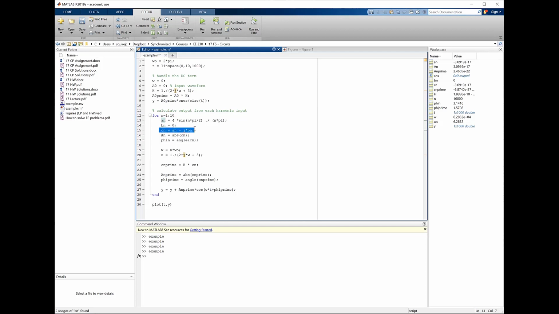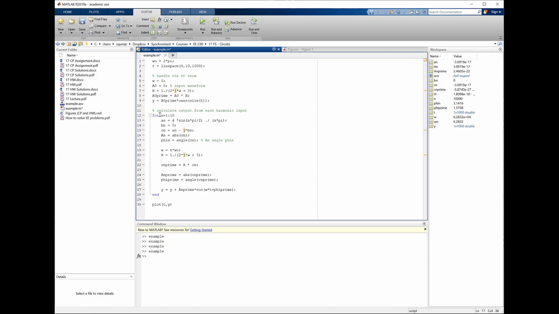We'll construct the complex value c sub n and break that apart into a magnitude and an angle. So now at this point, we know that the corresponding nth term we could represent as having a magnitude of a sub n and at an angle of phi sub n.